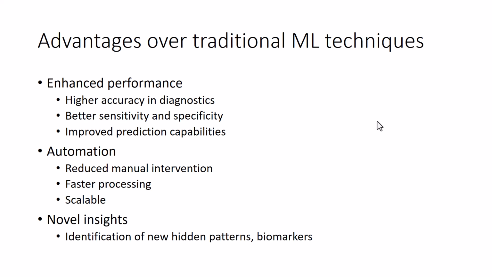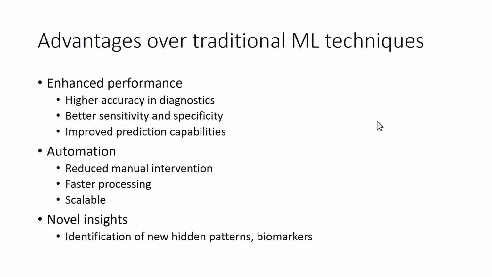Deep learning models have improved prediction capabilities. Apart from detection and classification, they have very good prediction capabilities as well. Under automation, I have already told you about reduced manual intervention, either in terms of feature extraction or dimensionality reduction, which results in faster processing and makes it scalable.